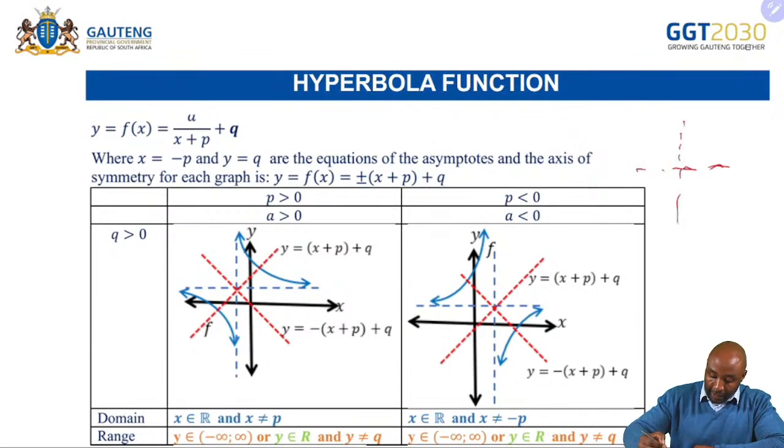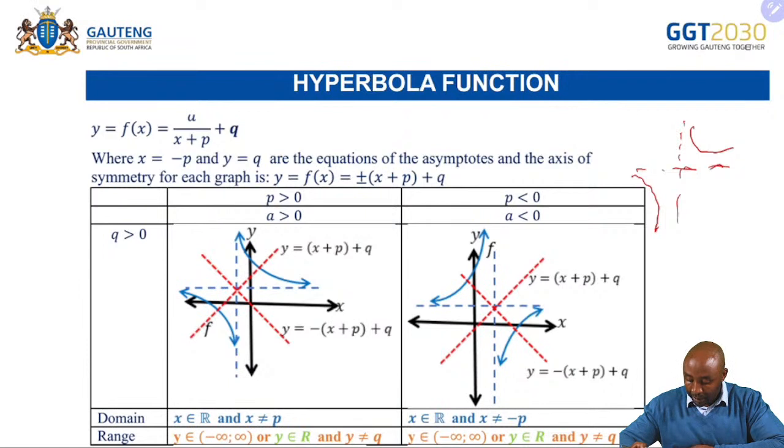And we realize that a also affects orientation. So if a is positive, our graph will be in quadrant 1 and quadrant 3. You will also see that if our a is negative, the arms of our hyperbola will be in quadrant 2 and quadrant 4, as illustrated there.